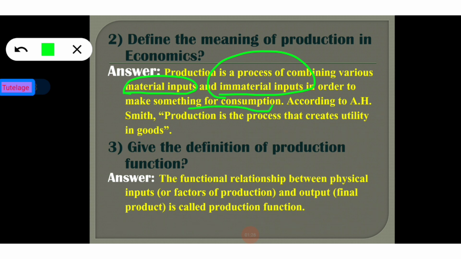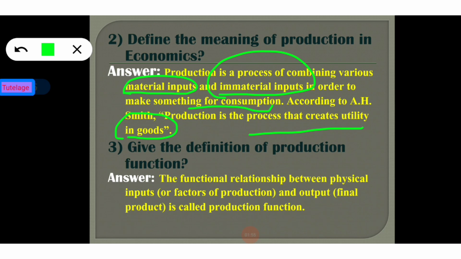So it is a process of combining various material inputs and immaterial inputs in order to make something for consumption, which is basically related to producing something, a new good or service. According to A.H. Smith, production is a process that creates utility in goods. Okay, now going to the next question.